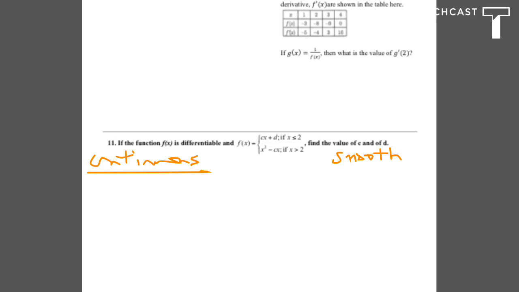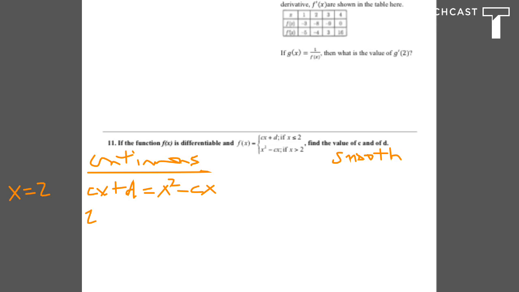So here, flashback to last chapter. If the function f is continuous at x equals 2, then cx plus d has to equal x squared minus cx whenever x equals 2.